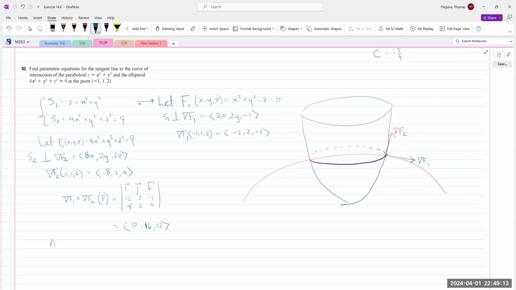Okay, so at coordinate P, -1, 1, 2, the tangent line is given by r(t) equals the coordinate -1, 1, 2 plus t times 10, 16, 12, or 10t minus 1, 16t plus 1, and then 12t plus 2.